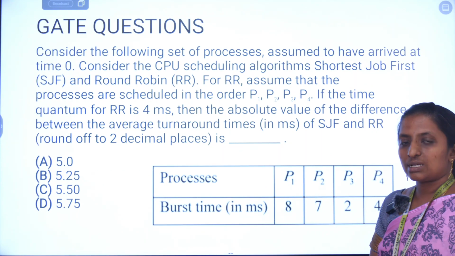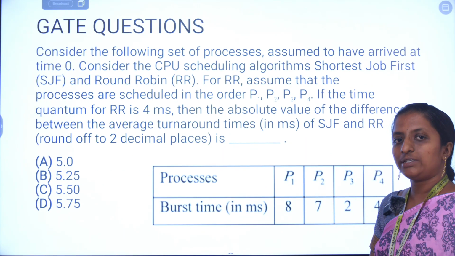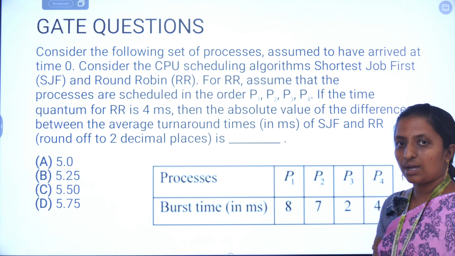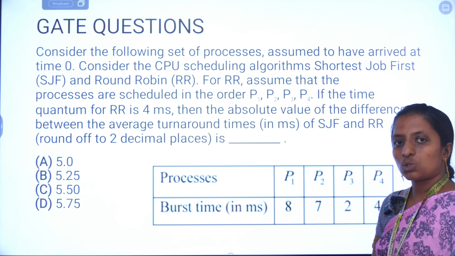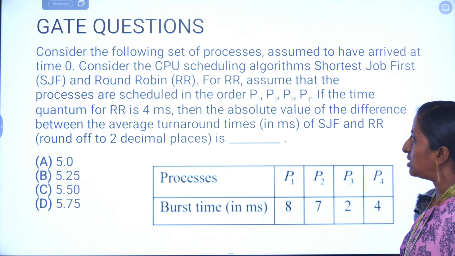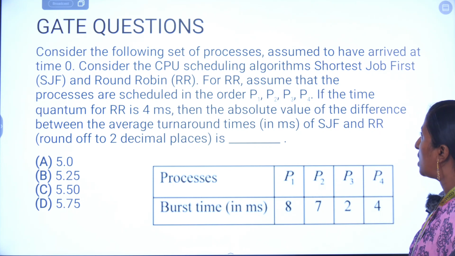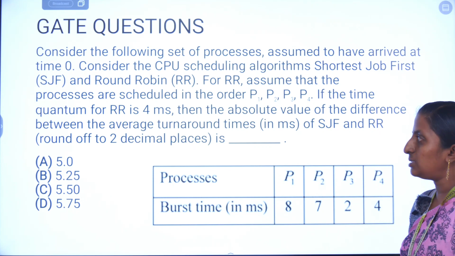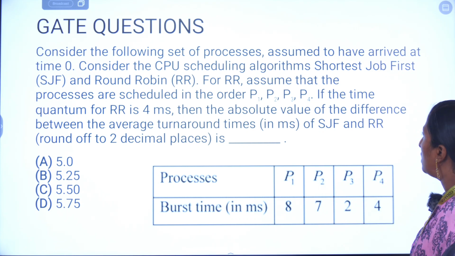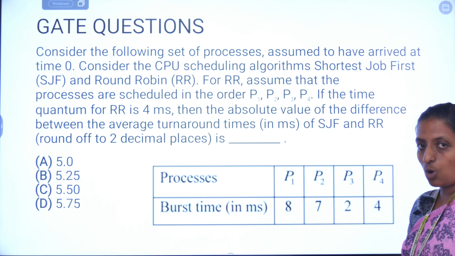So let's discuss some problems regarding this SJF and round robin algorithm. These questions were asked in previous GATE exams. So take a notebook and note it down. This is the question. Consider the following set of processes assumed to have arrived at time 0. Consider the CPU scheduling algorithms, shortest job first and round robin.